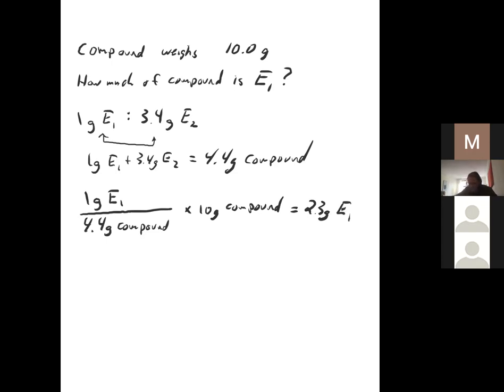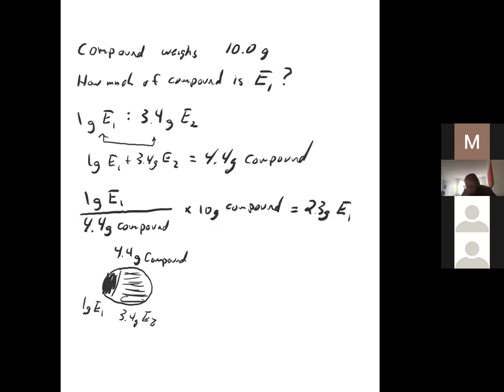Okay, so here's essentially what you're doing. You're saying, look, if I have a sample that is made up of 1 gram of element 1 and 3.4 grams of element 2, right? That's what we determined in the first part. Our total would be 4.4 grams. So 1 gram is element 1, the rest of it is element 2.